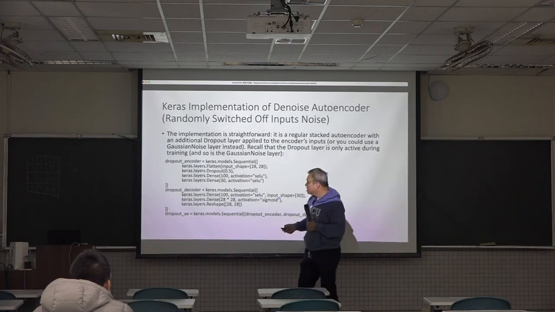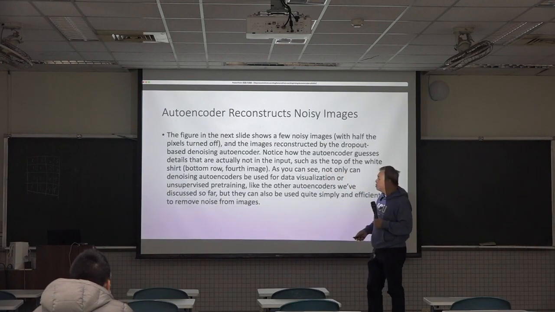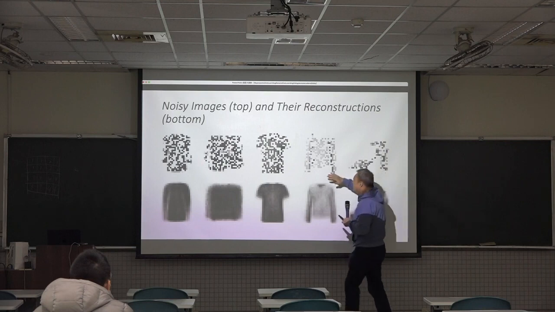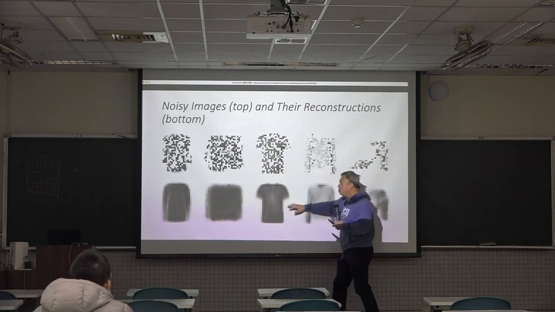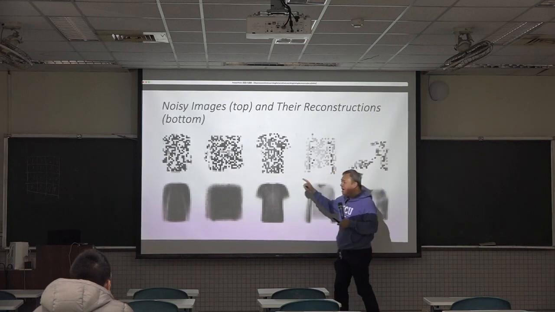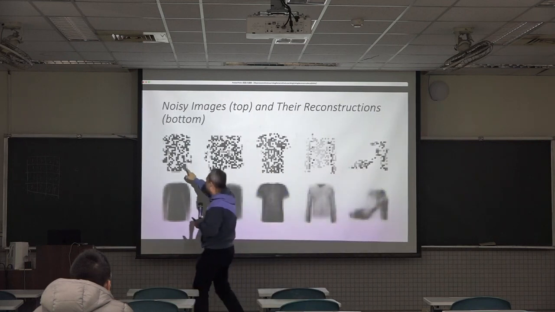But anyway, if you try to draw the result, you can see this is the input after dropping out 50% of the input. If you don't see the lower row, can you tell what they are by looking at this input?